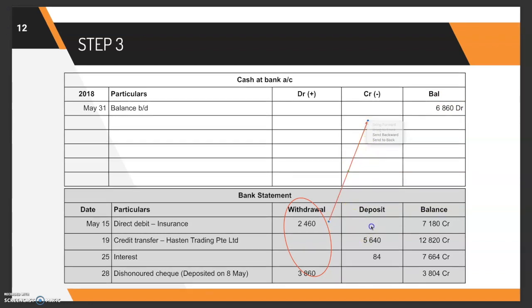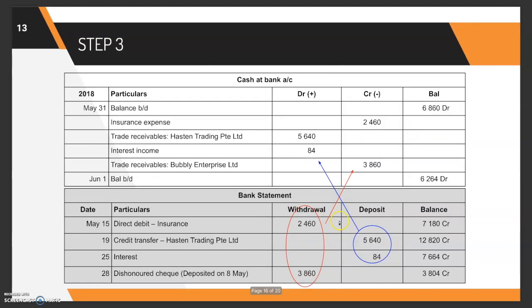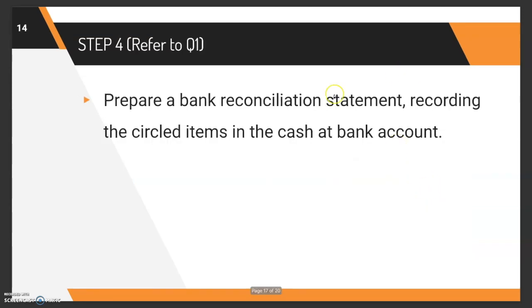Okay, and then we will take the deposits that were unknown to us and we will update it into the credit side. So doing that, we will get this answer. 6264, by right, it should be the one that we will get later on when we do the bank reconciliation statement, which we will do now.